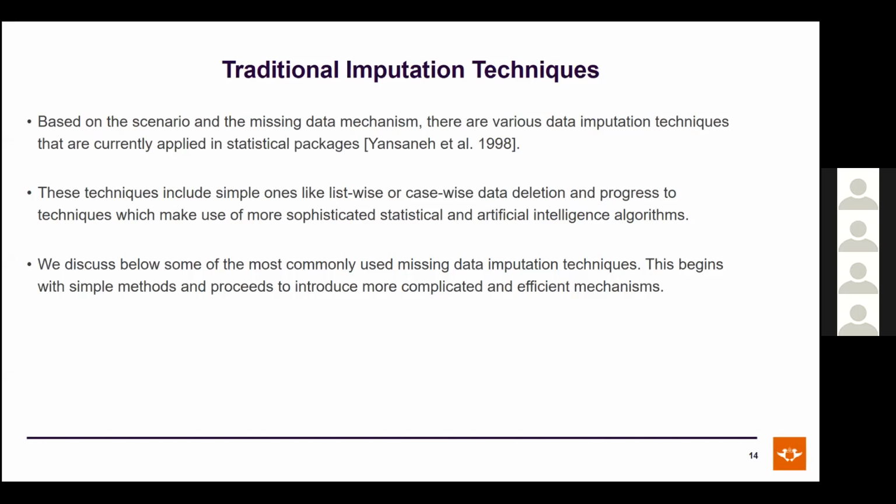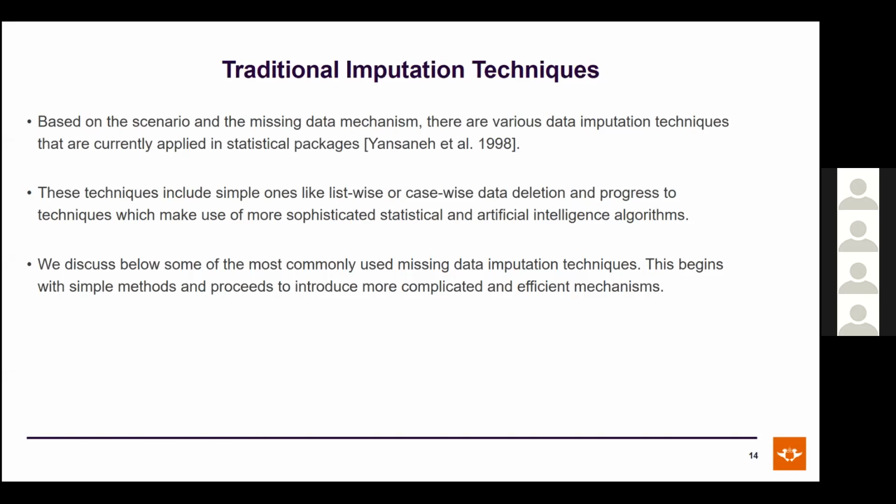Then we looked at missing data mechanisms, of which there were four: missing completely at random, missing at random, missing by natural design, and missing not at random.